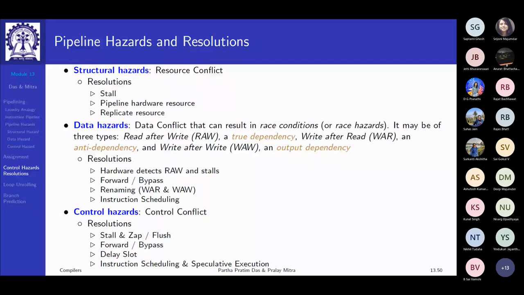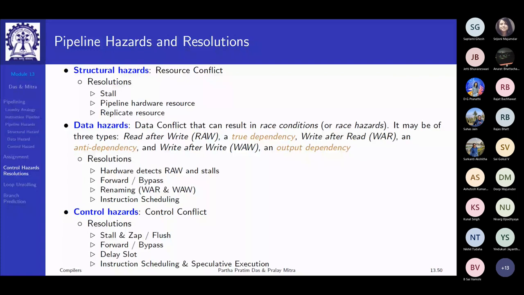We have done a complete workout with different combinations of stalling, forward and bypass, and scheduling to see how we can get almost near-optimal throughput in terms of data hazards. So this is what we have seen so far.